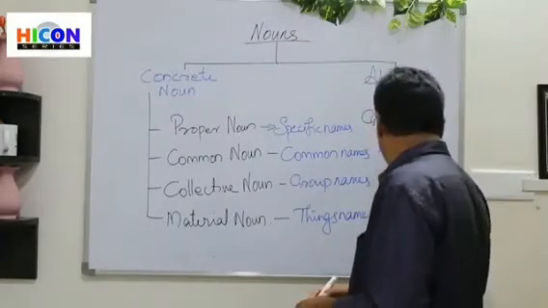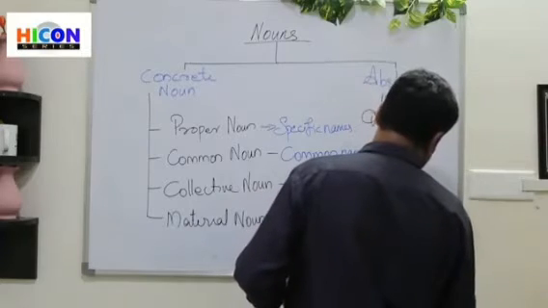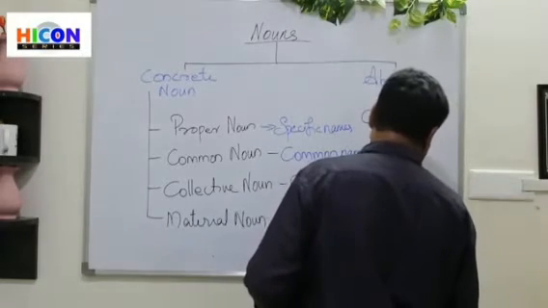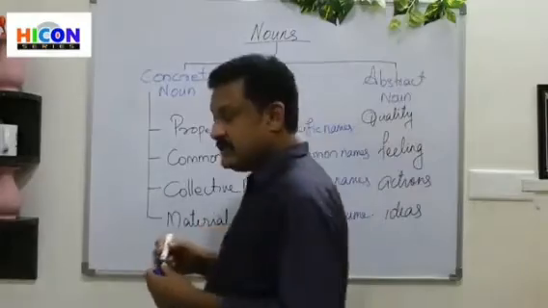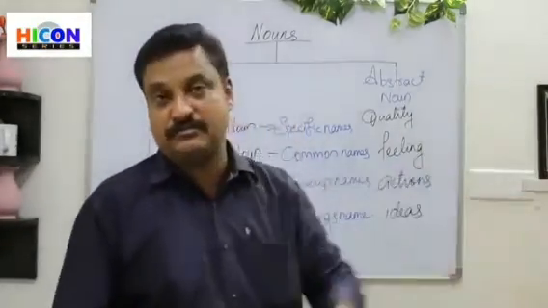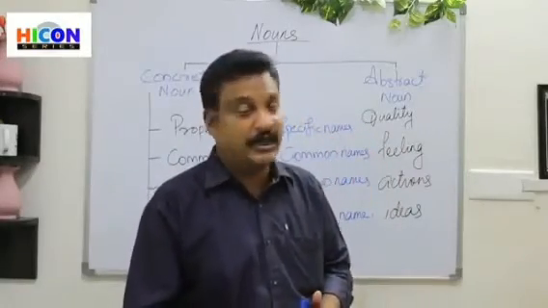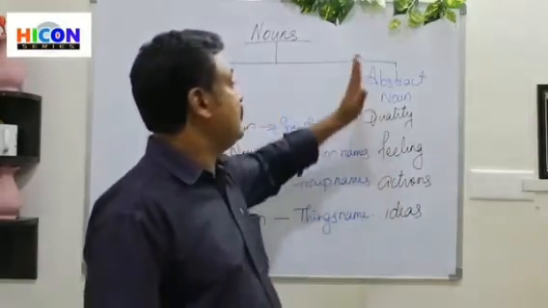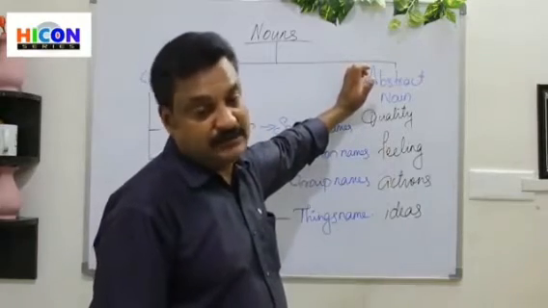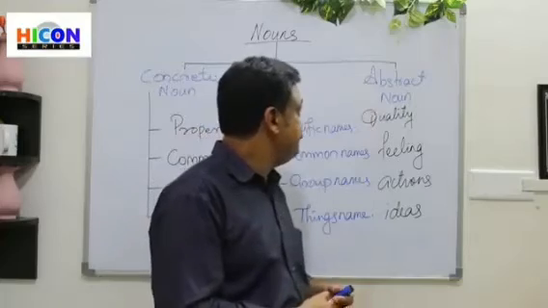And then ideas. So ideas, actions and these kinds of things are something that we cannot see or touch, but we can enjoy and feel. Such kinds of things are called abstract nouns.